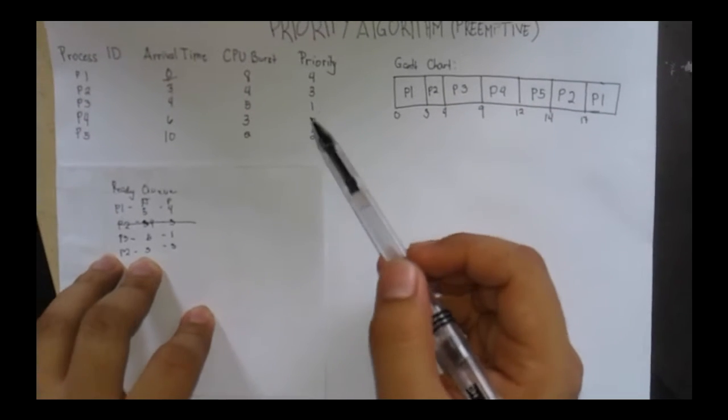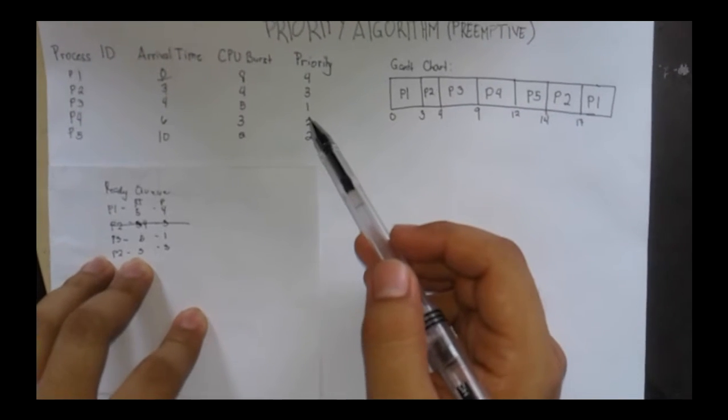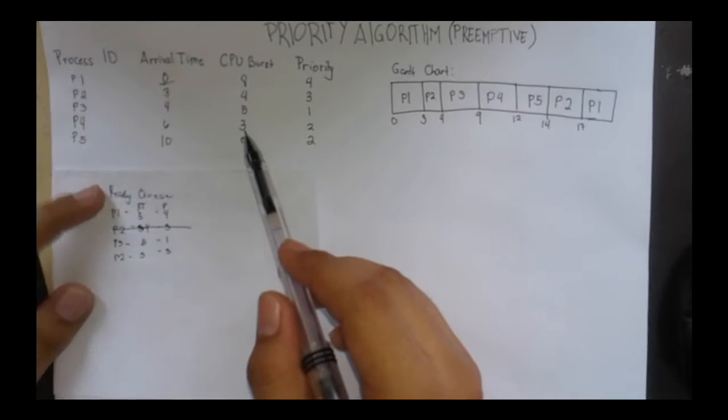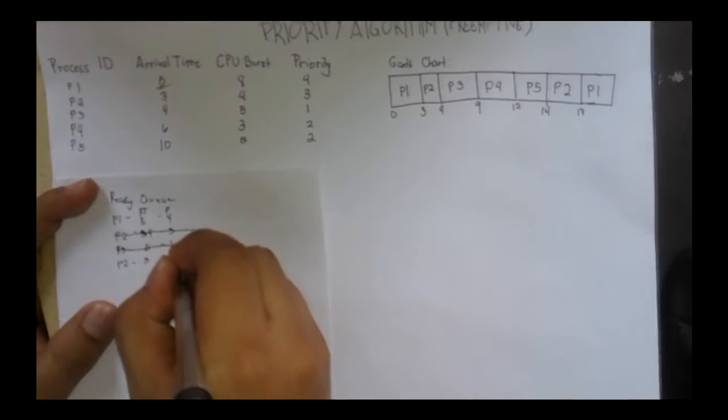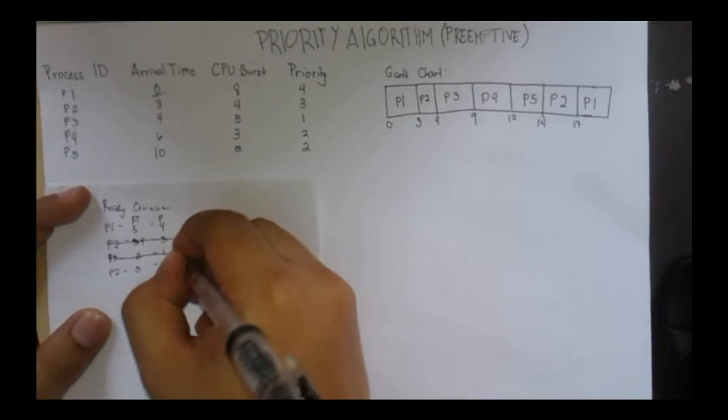Since process number 3, or P3, has the highest priority, it will be executed until its burst time becomes 0. So at this point P3 will be ended.